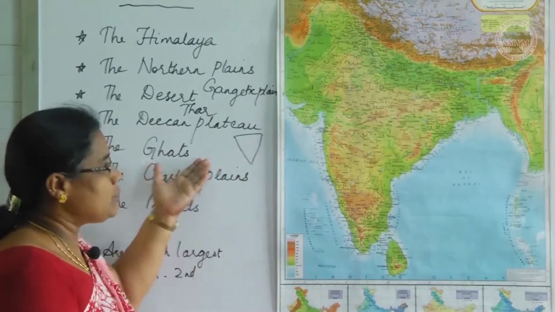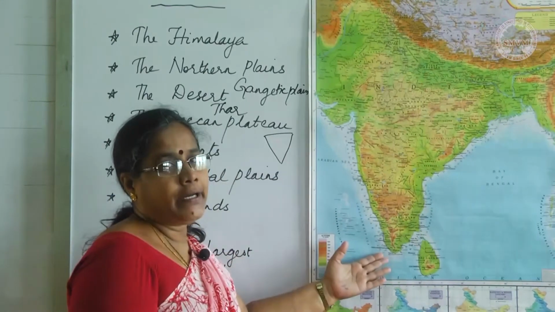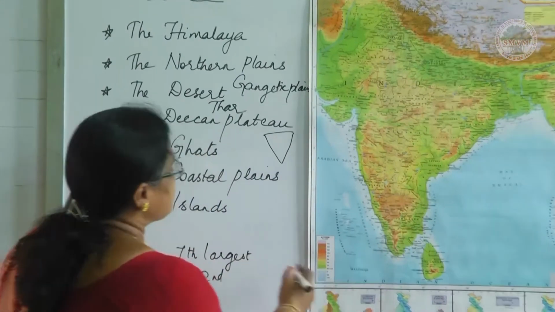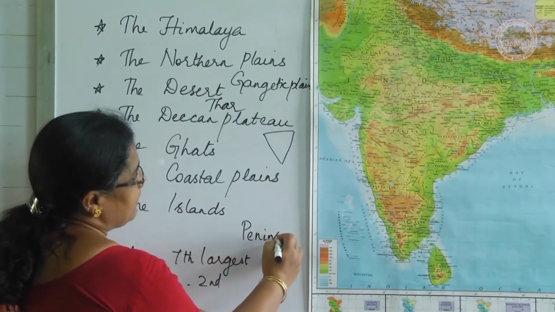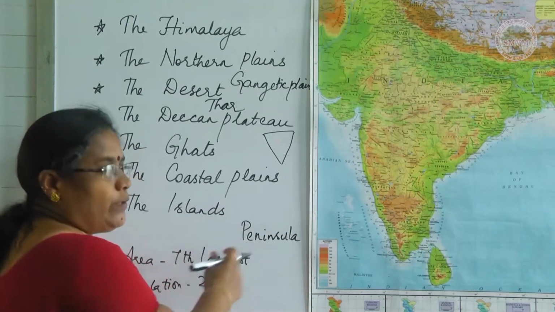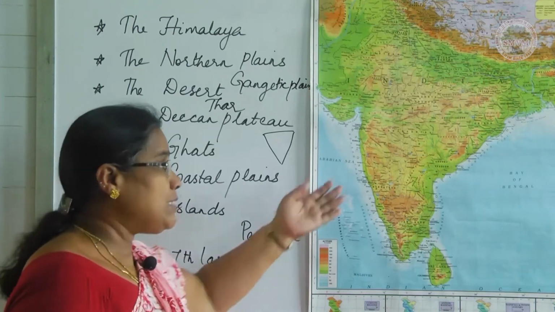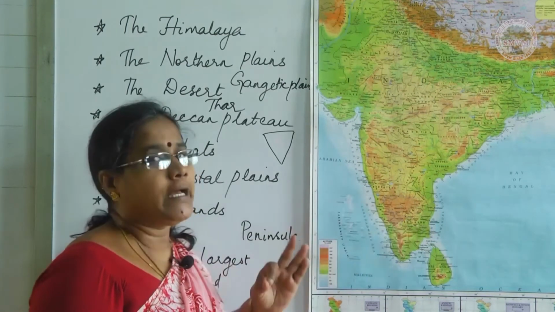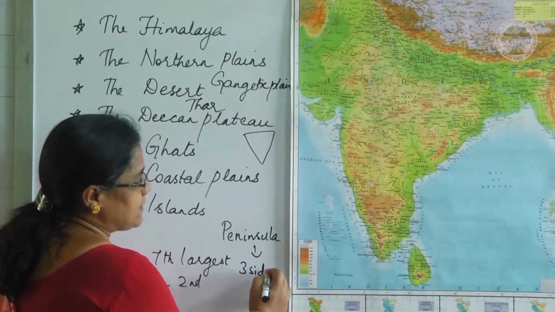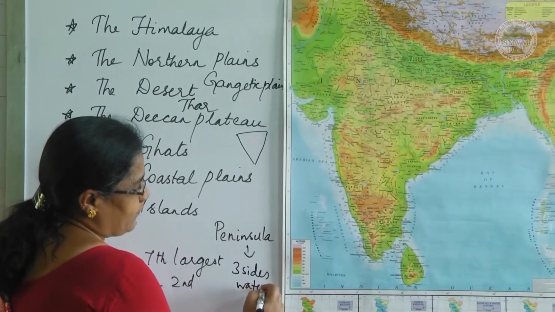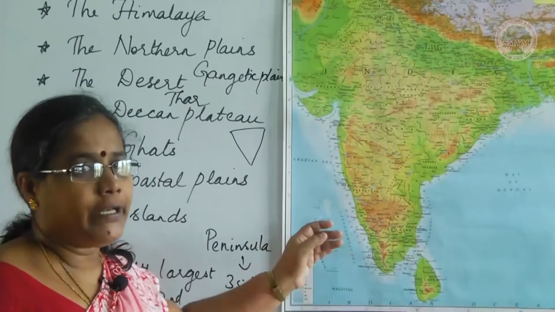Next, when we come to this tip of India, this area is what we call a peninsula. Why do we call it a peninsula? A peninsula is a type of land which has three sides covered by water. What are the water bodies around India?